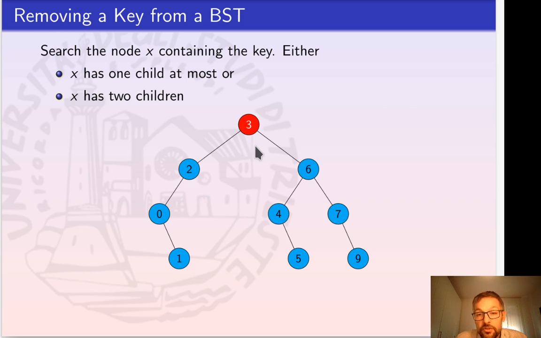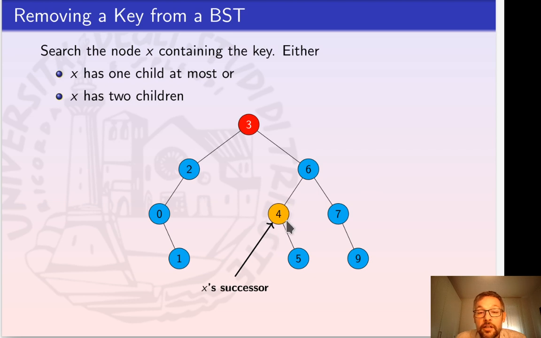Well, a possible strategy is to find the successor of this node. The successor of this node, as we already understood, can be found simply searching for the minimum. Since this node has 2 children, of course it has the right child, so we can find the minimum among all the nodes on the right subtree, and this is it.